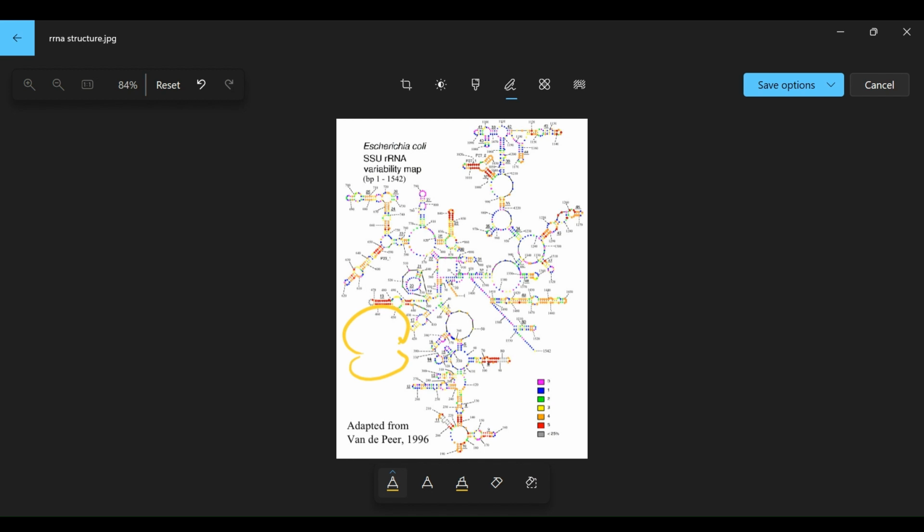We can say it's the place where translation occurs. So here we have the translation. This is the large subunit. This is the small subunit of the ribosomes. And these ribosomes consist of proteins as well as rRNAs.